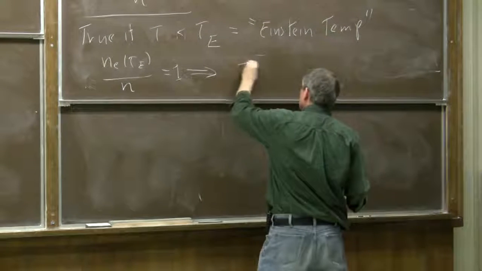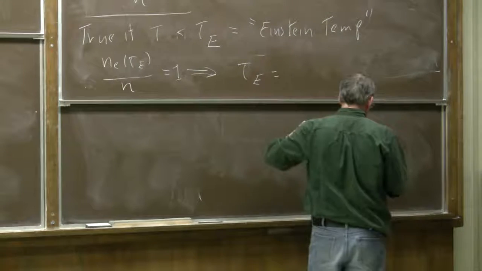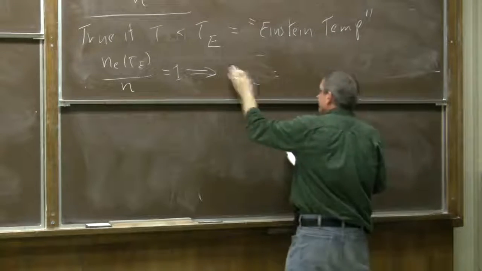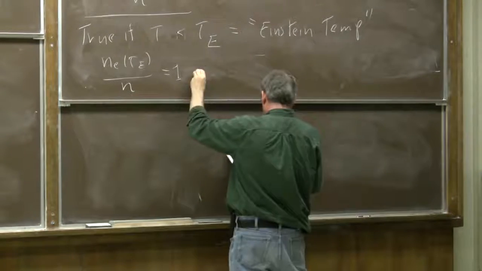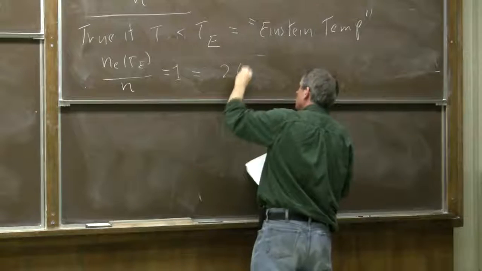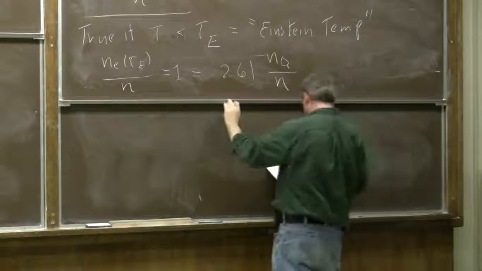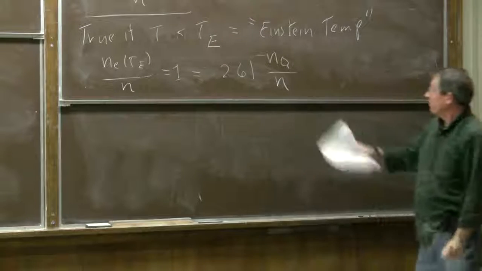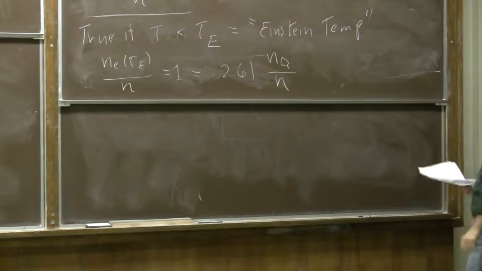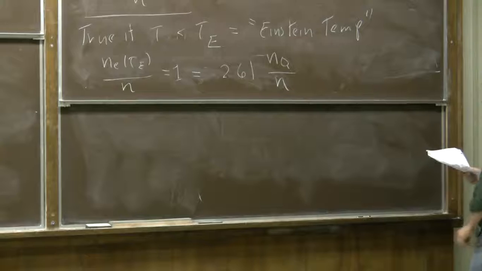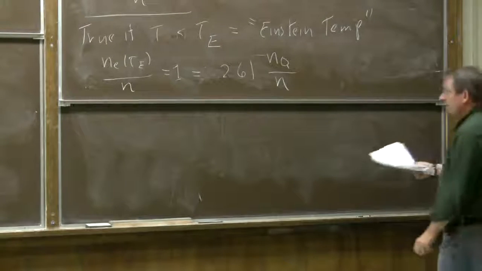Tau Einstein, since this is just equal to 2.61 times quantum concentration over concentration, I set concentration divided by quantum concentration equal to 1 over 2.61.